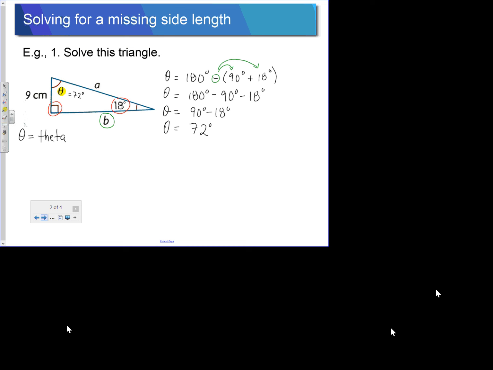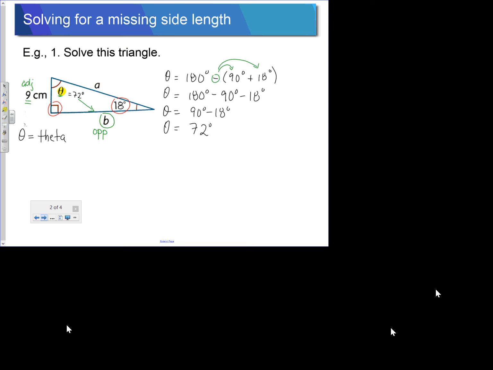So as you can see, B happens to be across from 72. So that tells me that B is the opposite side length. We don't know A, but we do have this side over here, which is the 9. That's going to be the adjacent side to theta, to that angle here.